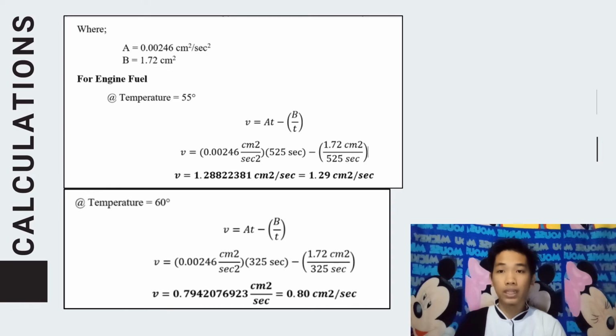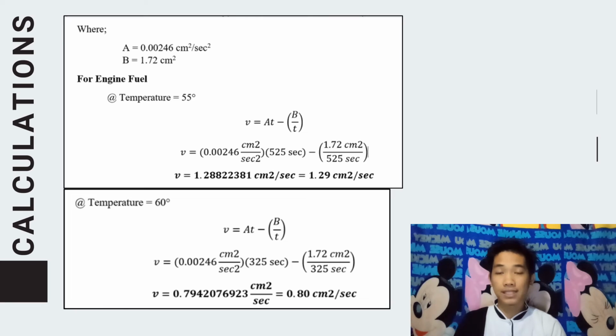So for the engine oil, at a temperature of 55 degrees Celsius, having a time of 525 seconds, substituting its value to its main formula, we can generate the kinematic viscosity of 1.28822 squared centimeter over second, or equivalent to 1.29 squared centimeter over second.